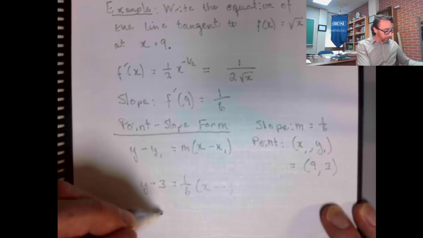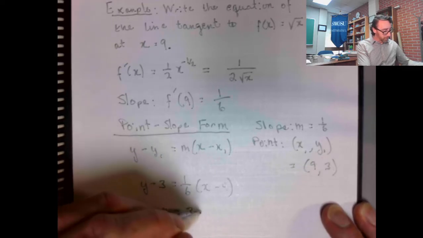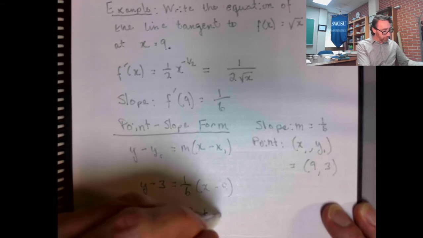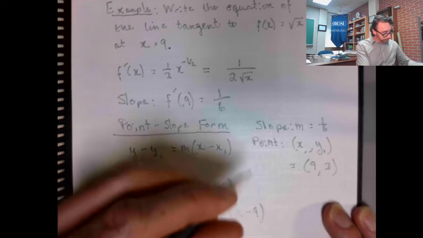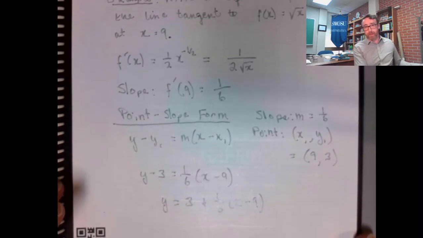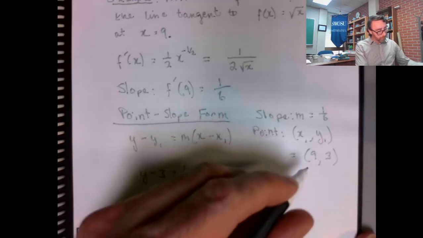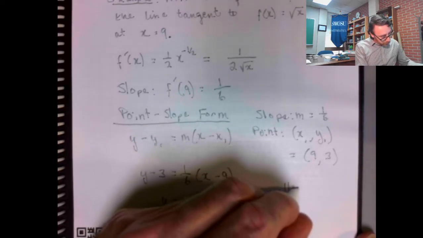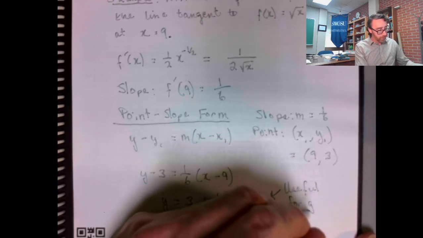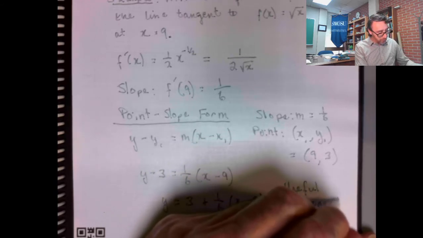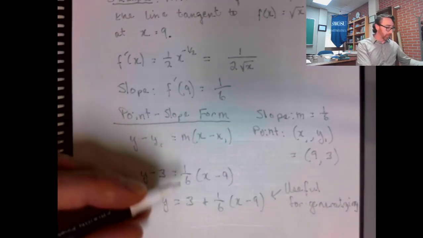All right, now, I'm going to do this in a way that looks a little funny. I'm going to add the 3 over. The reason I'm doing it in this way is that this is going to be very useful for generalizing the idea that we're talking about.